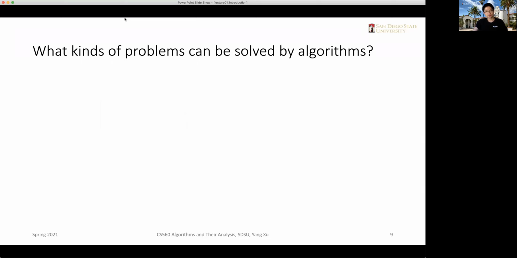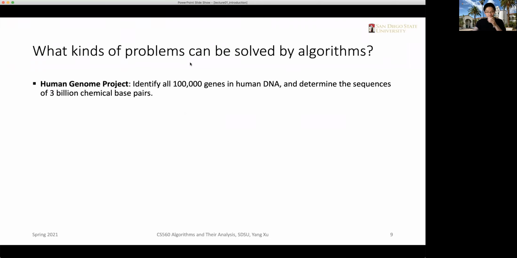Now let's see what kinds of problems can be solved by algorithms. In the next few slides, I will list a couple of real-world examples. For example, the Human Genome Project, which is to identify the genes in human DNA.